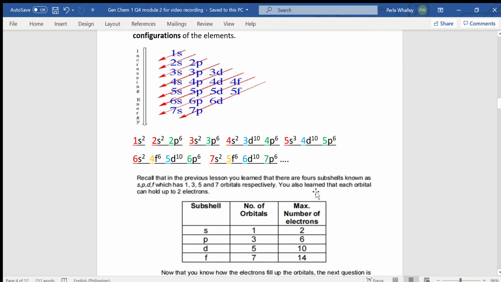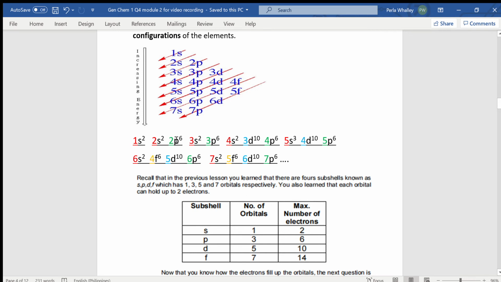That is the maximum number of electrons these subshells can hold. So for s, 1 times 2 is 2 electrons. For p, 3 times 2, 6. For d, 5 times 2, 10. And f, 7 times 2, 14.